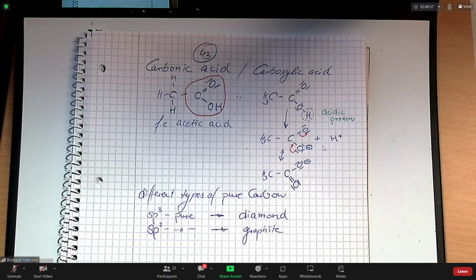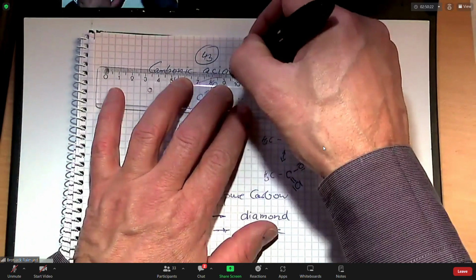CO2 in water. The formula is H2CO3. Isn't it? Yeah. That is carbonic acid. You're right. Sorry about that. So the right name is carboxylic acid and not carbonic acid for this one. Thank you for that hint. And cross it out.